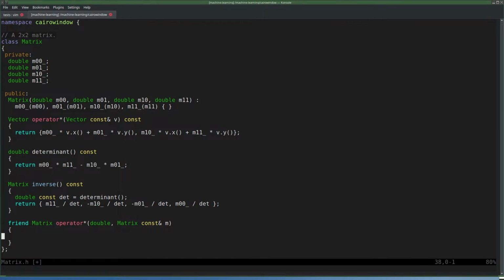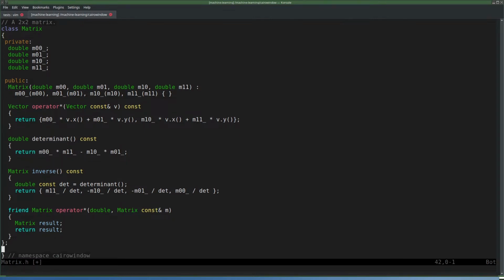Must be like that. So we have a matrix again as the result. Return result. Now might as well copy the original, and then we're going to do the result dot all of them multiply with the scalar.